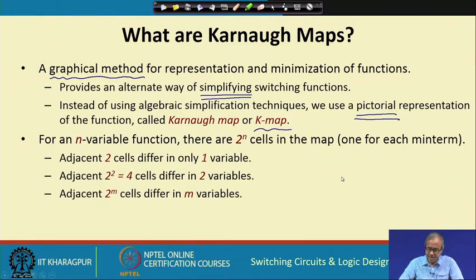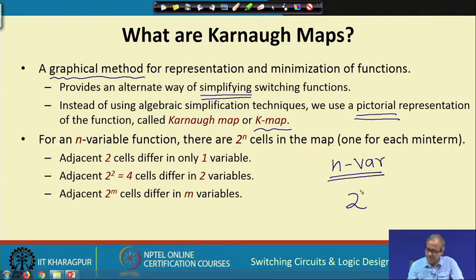There are some characteristics of a Karnaugh map that I would like to talk about. Well, let us consider we have an n variable function. Obviously, there will be 2 to the power n minterms in this function. So, in the Karnaugh map, there is a concept of cells, and the cell has a 1-to-1 correspondence with these minterms.